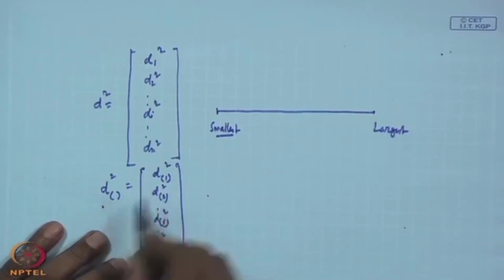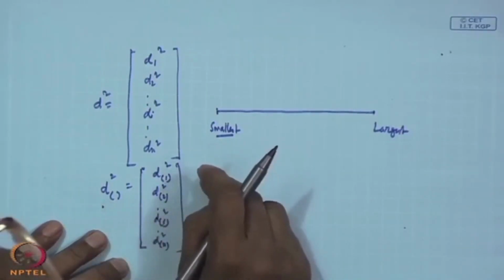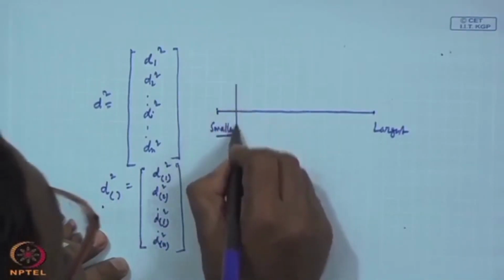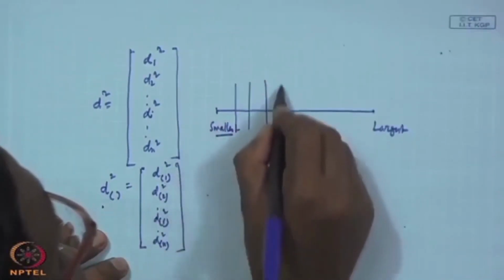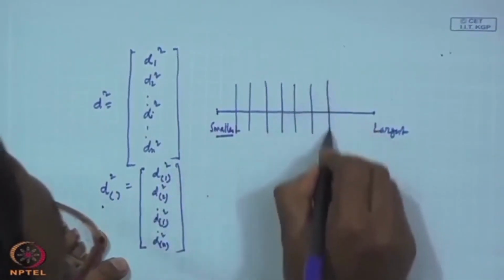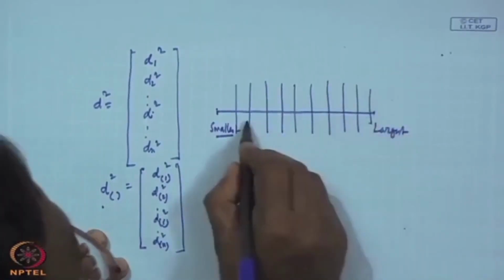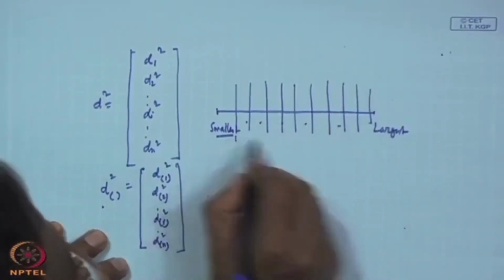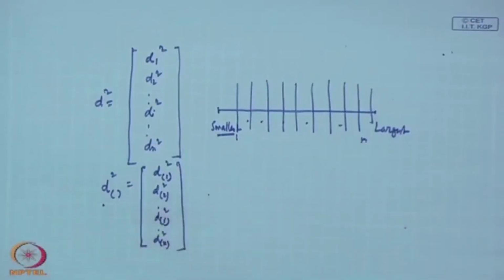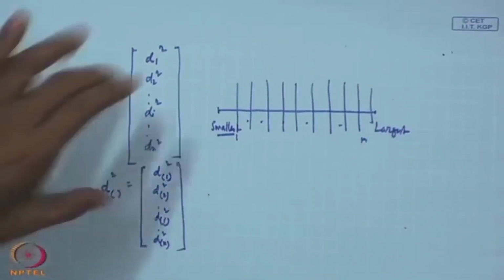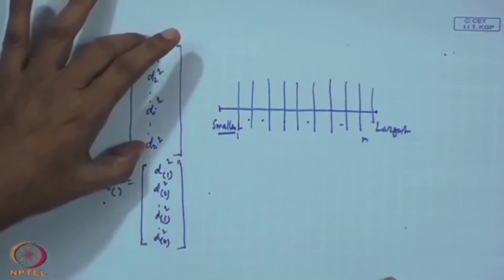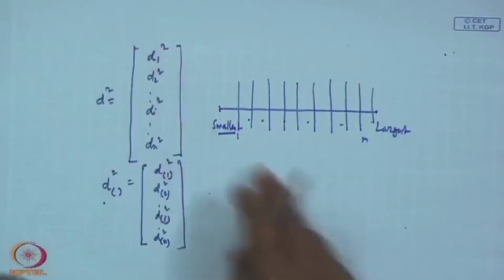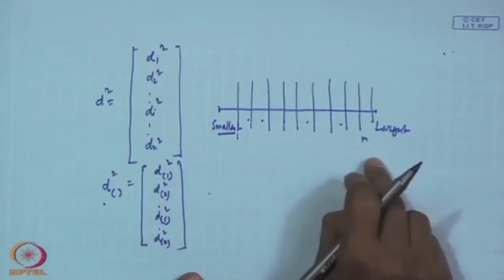Fine. Now, how many data points you have? n data points. You create n quantiles here. So, you are now partitioning the entire distance data into n quantiles.